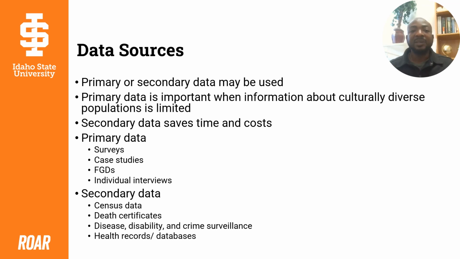And secondary data that may be available at state, county, and in some cases zip code level includes HIV/AIDS infection rates and AIDS diagnoses, teen pregnancy rates, cancer rates, birth and death rates, obesity rates, heart disease rates, and crime rates.